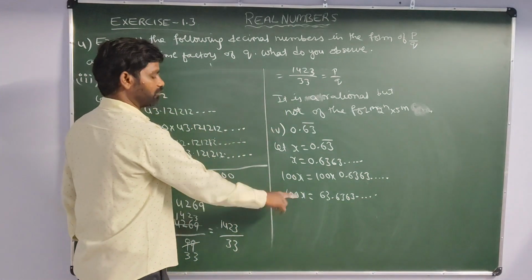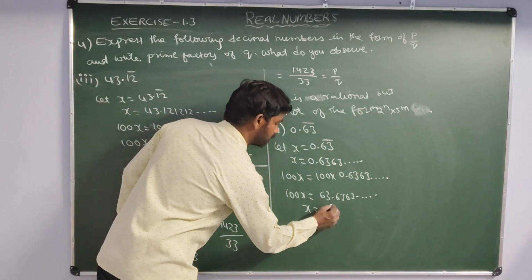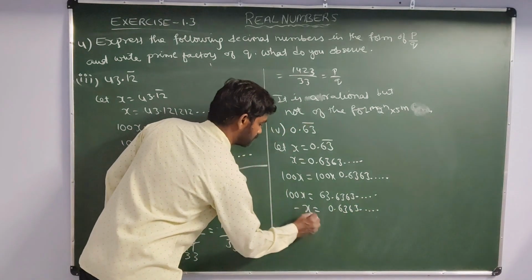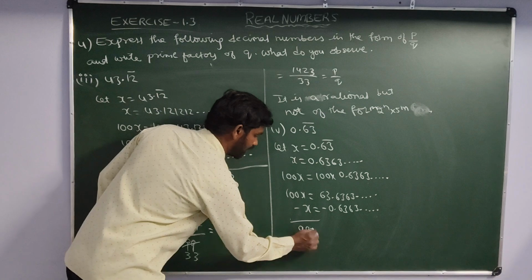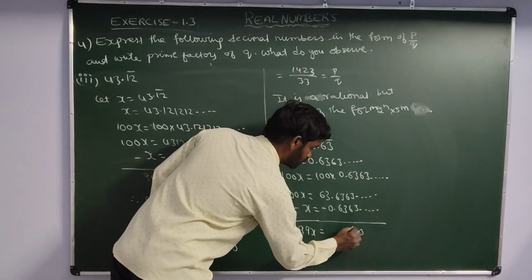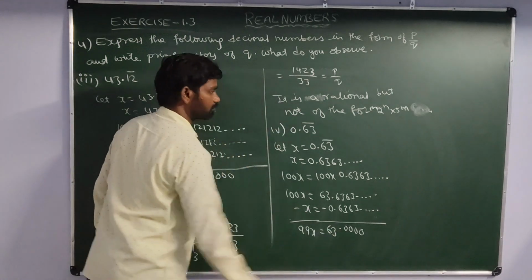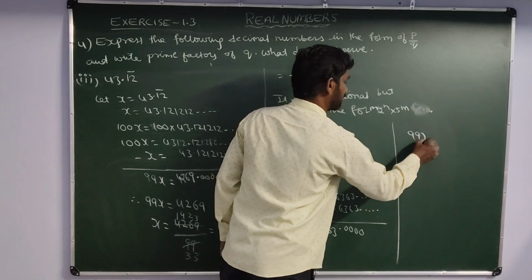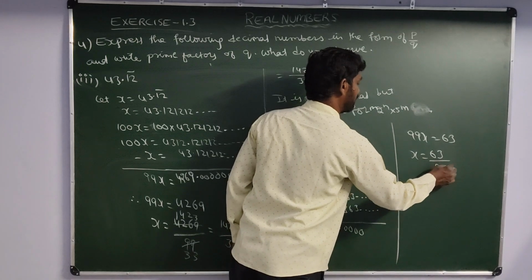Now subtract from 100x this x, that is x is equal to 0.6363 and so on. So 100x minus 1x is 99x, that is equal to 0, 0, 0, 63 minus 0 is 63. Or simply we can write 99x is equal to 63, or x is equal to 63 by 99.